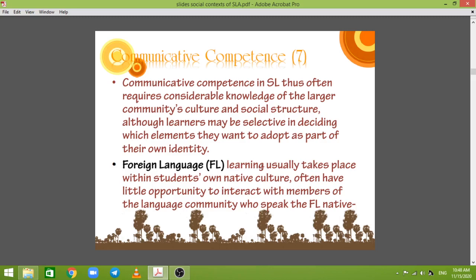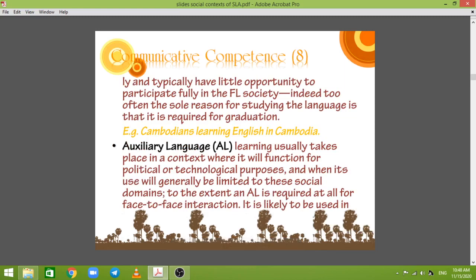The second one is foreign language, FL. In terms of foreign language, learning usually happens within the student's own native culture, often with little opportunity to interact with members of the language community who speak the foreign language natively, and typically with little opportunity to participate fully in the foreign language society.